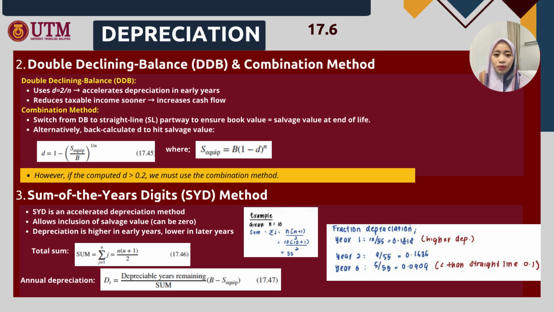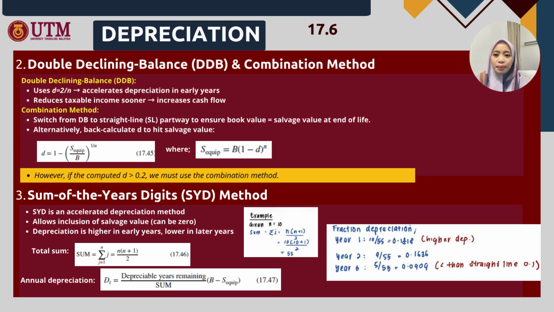To solve this, we use the combination method, which switches to straight line depreciation partway through the asset life. Another way is to back calculate d using equation 17.45. If the computed d is too high, or greater than 0.2, we must use the combination method.